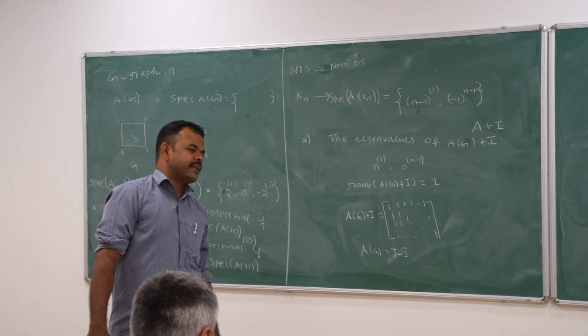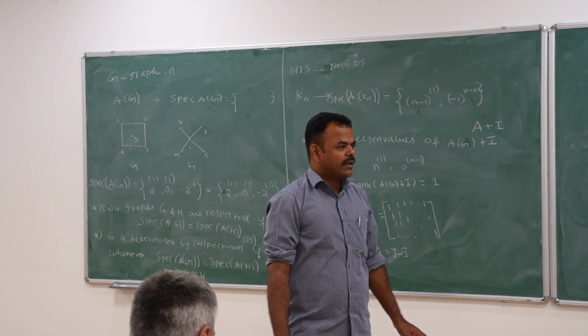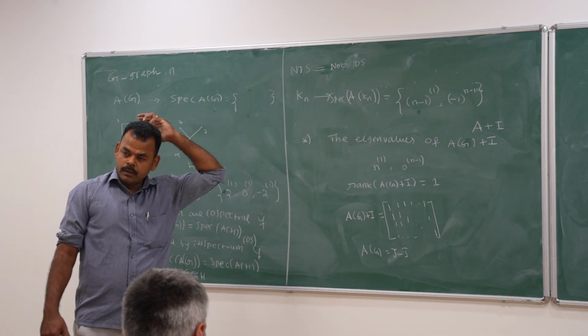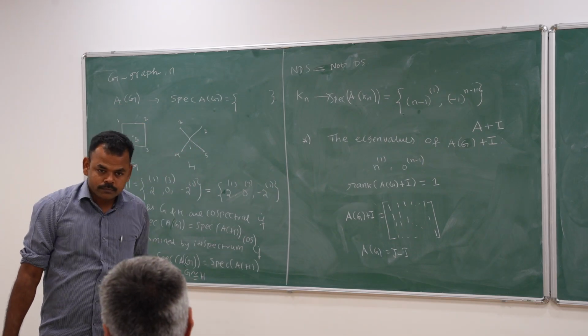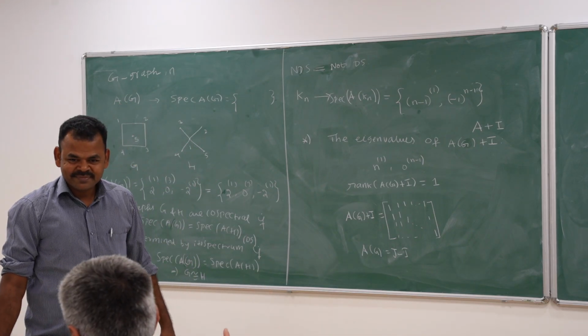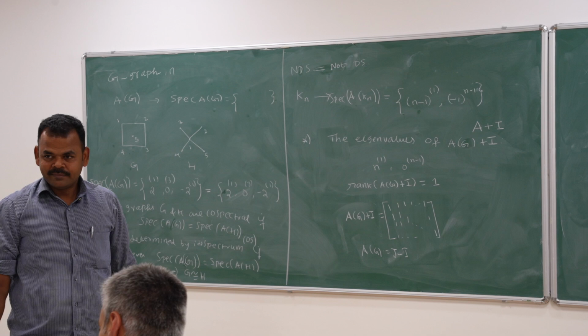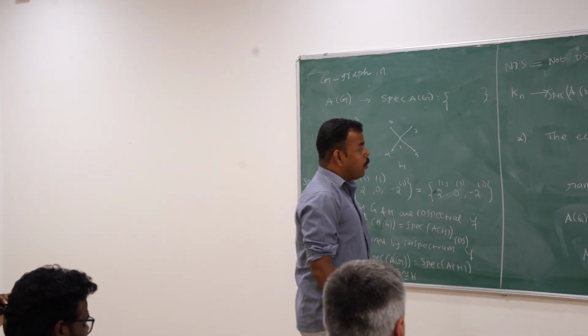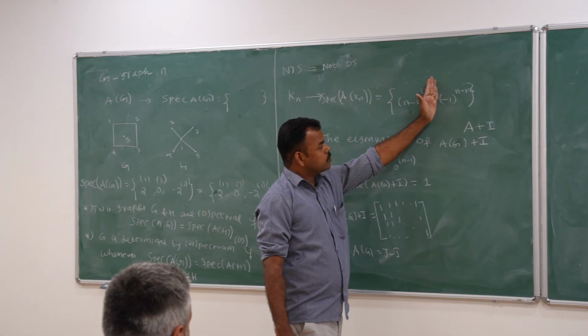I think there is a characterization: a graph has n minus 1 negative eigenvalues if and only if it is a complete multipartite graph. But here you want to do it with your bare hands.